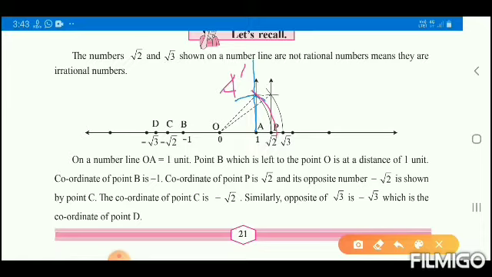That point is known as root 2. Same way, you have to draw again a perpendicular from root 2. Then take this distance in your compass and draw the arc. You will get root 3. Same way you will get -√2 and -√3 on the left side of 0.